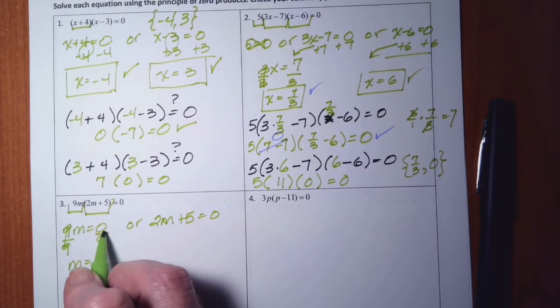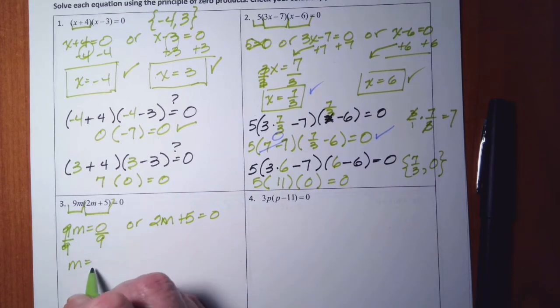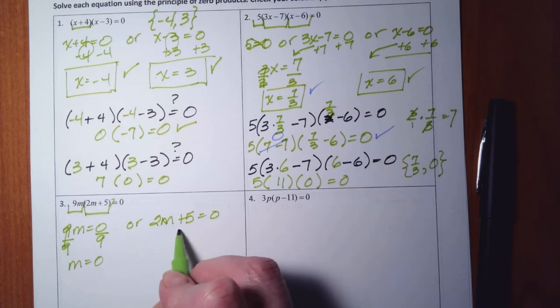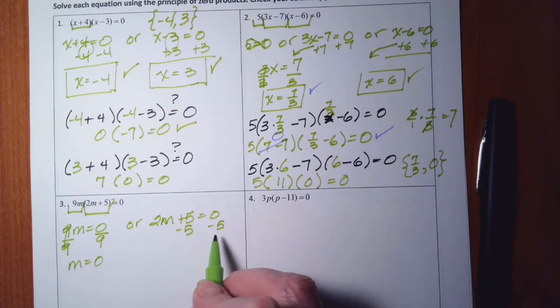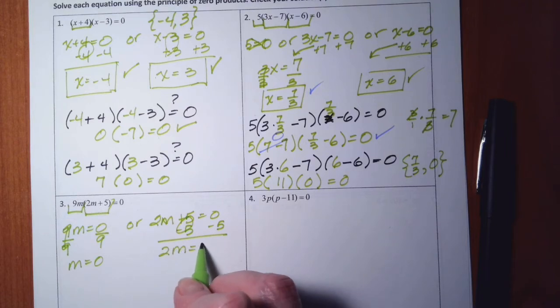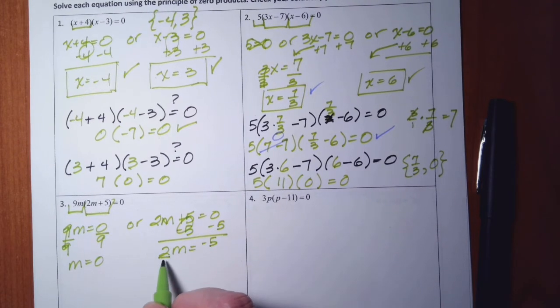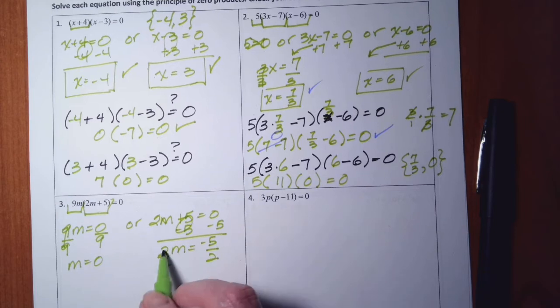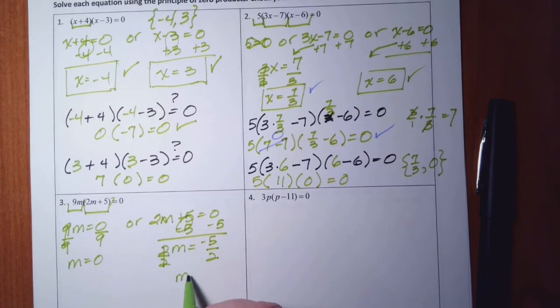And of course, 0 divided by anything is 0. Here I subtract 5 from both sides. That gives me 2m is equal to negative 5. Divide both sides by 2, and I get m is negative 5 over 2.